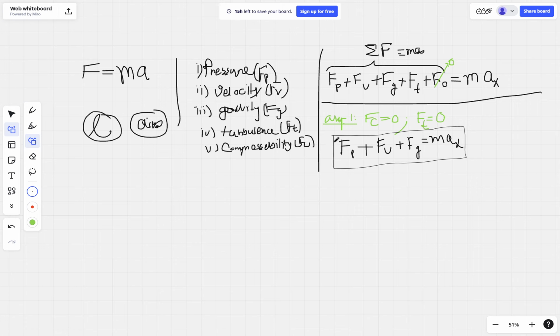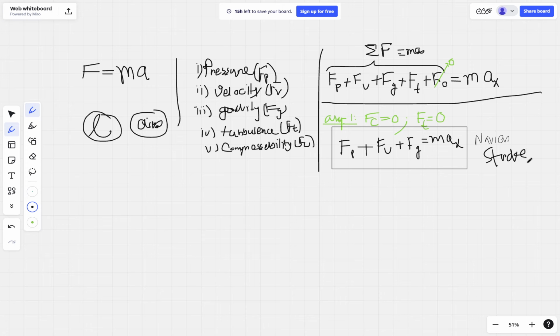This equation is actually called the Navier-Stokes equation. The equation looks very easy in these terms, with only the pressure, the velocity, and the gravitational force acting on it to make the Navier-Stokes equation.